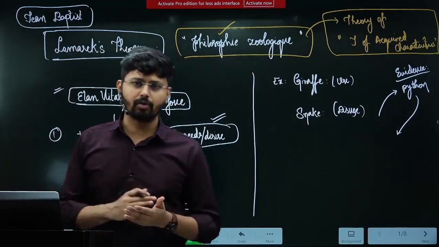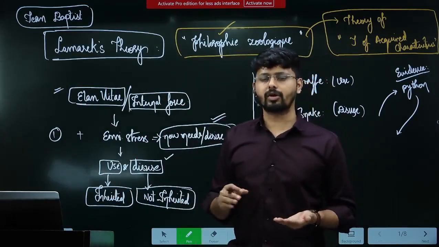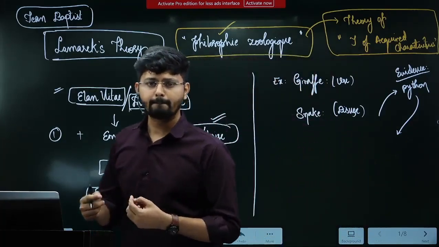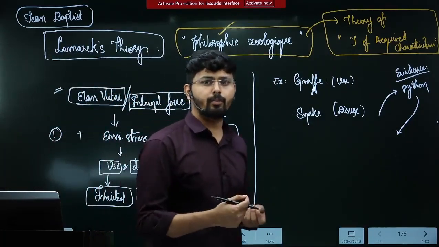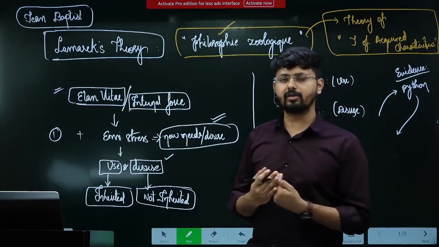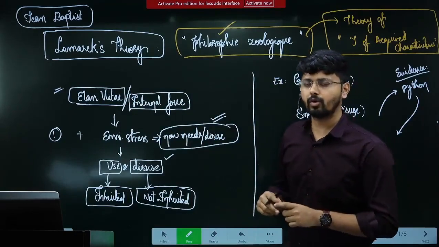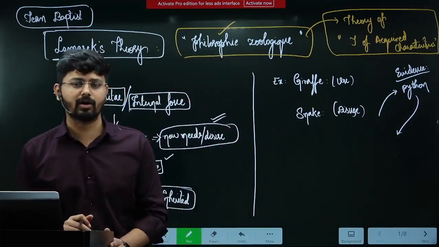But later, when the changes came up and we moved to the terrestrial region, onto the ground, vision became more important than smell. Because of that, the size of the nose decreased and vision increased. So this is how changes have happened with the change in environmental conditions.